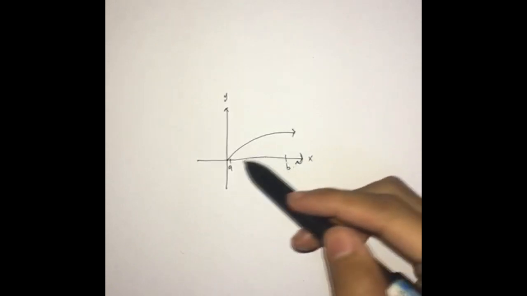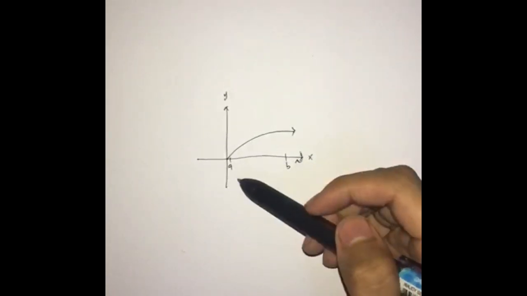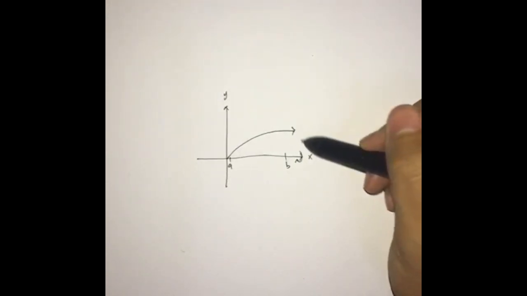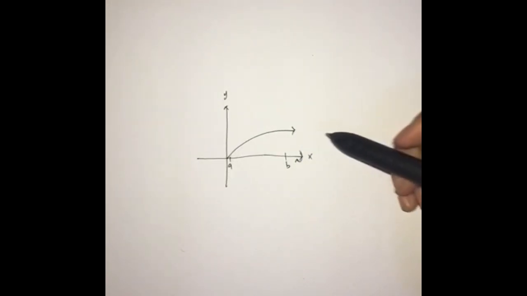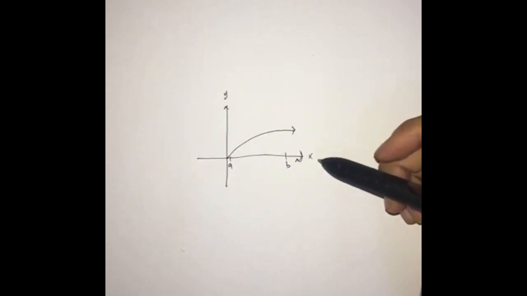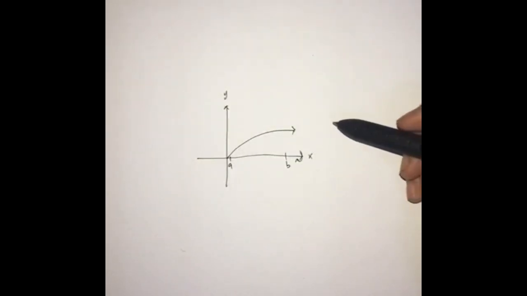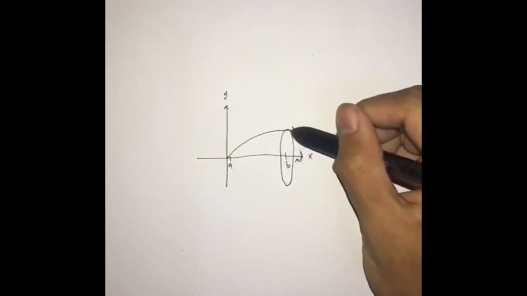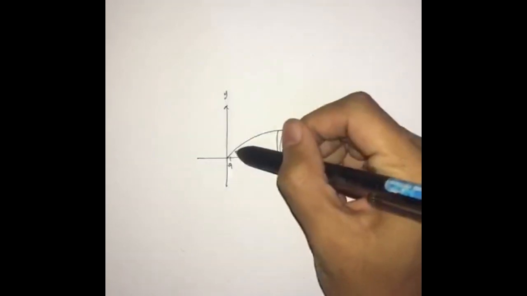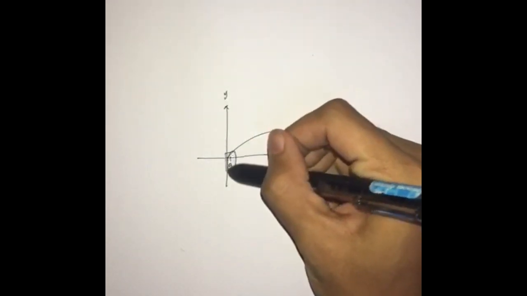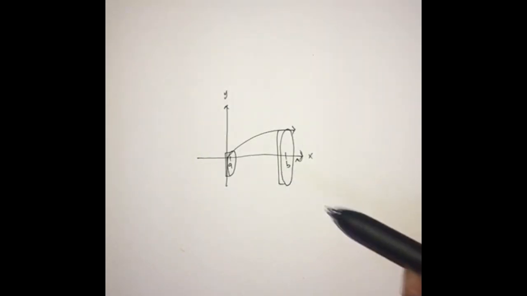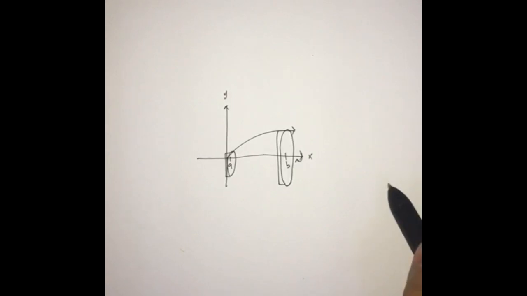So let's say there's a curve like this and boundaries A and boundaries B. When the curve revolves around the x-axis, we have to imagine the three-dimensional cross-section of the curve. So it will be like this, from point A to point B. So if you notice, the disk produced is a cylinder.